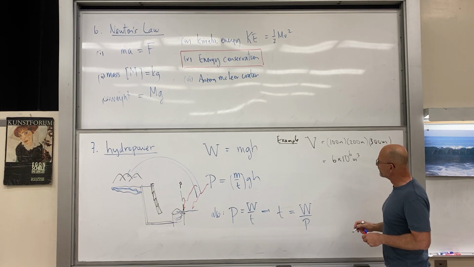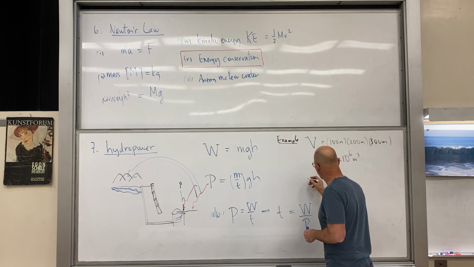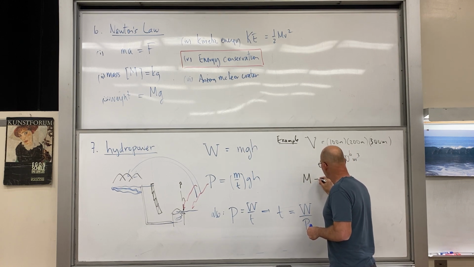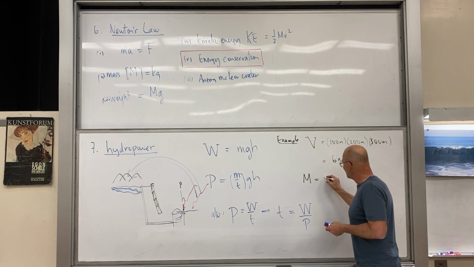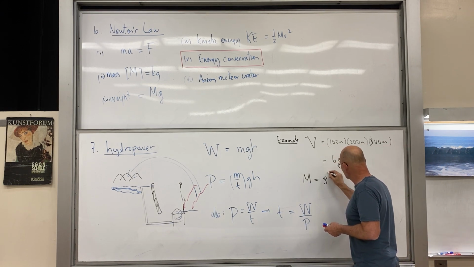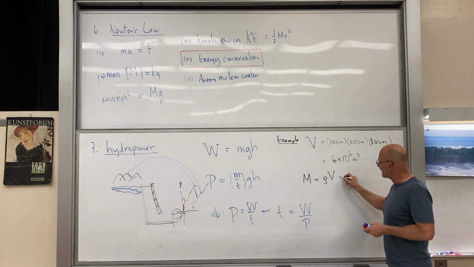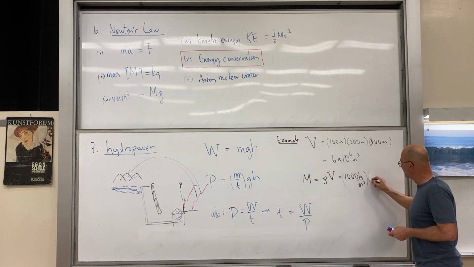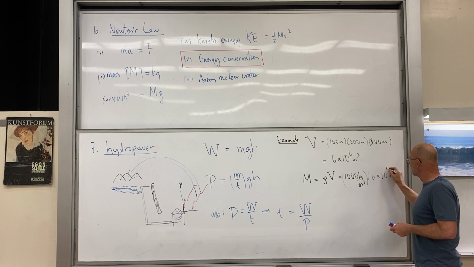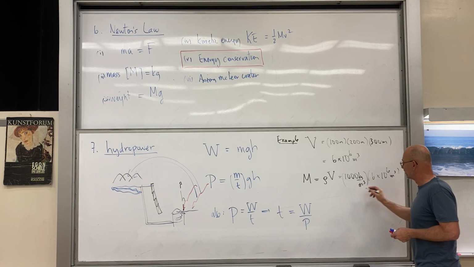So that's the volume. What's the mass? I'll use capital M. The mass of the water, that's my reservoir. The mass of the water is the density times the volume, density of water. So that's 1,000 kilograms per cubic meter times 6 times 10 to the 6 cubic meters.